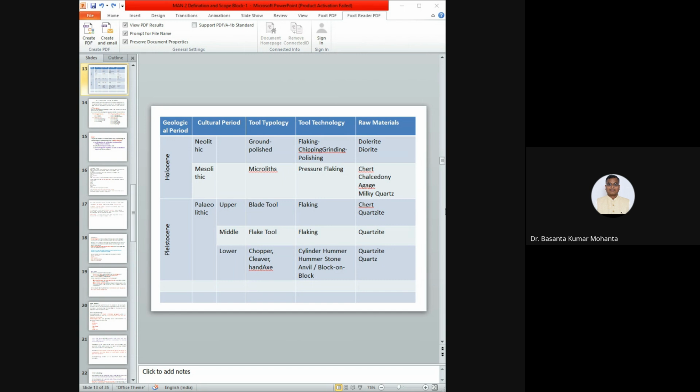We can take an example of phase one from the Indian context.